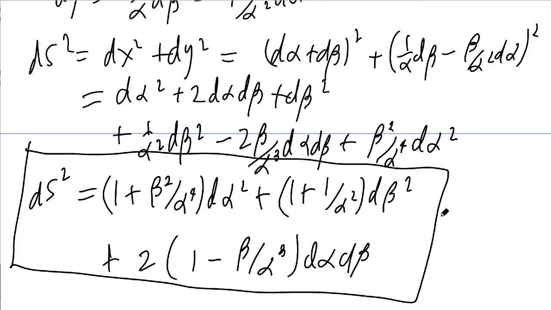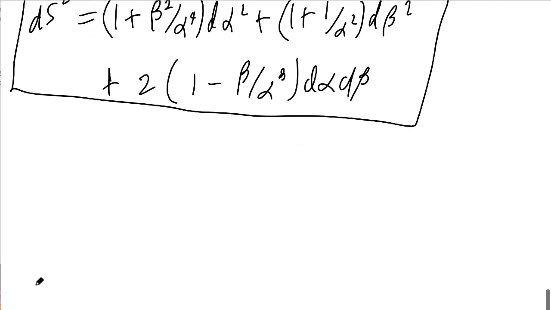And if we wanted to work hard enough, we could prove Euclid's axioms using this line element. Parallel lines never cross. The sum of the angles of a triangle add up to 180 degrees. So what does the line element for a sphere look like?